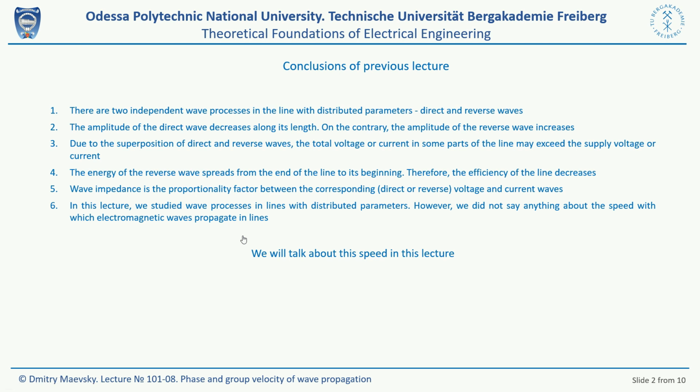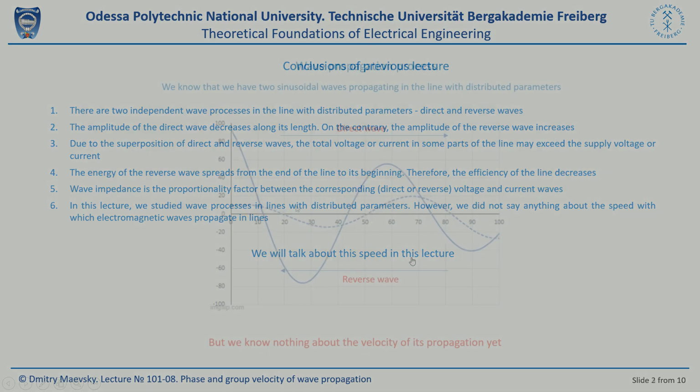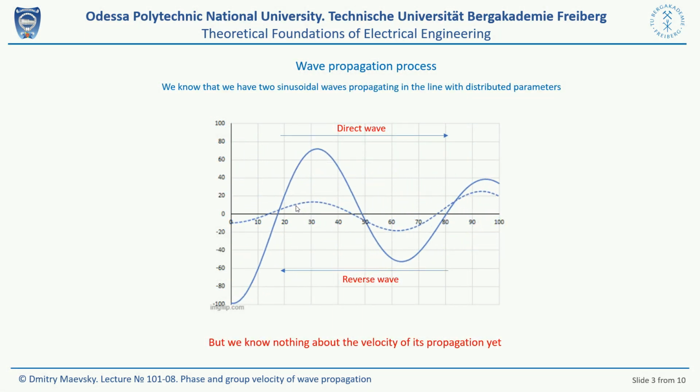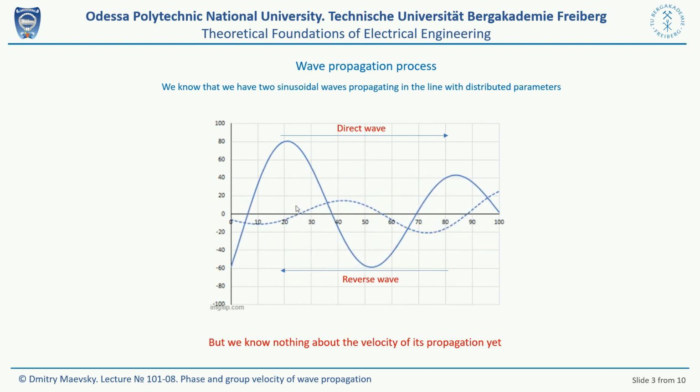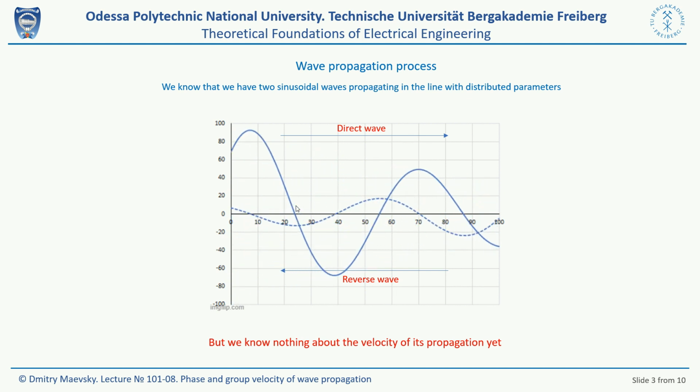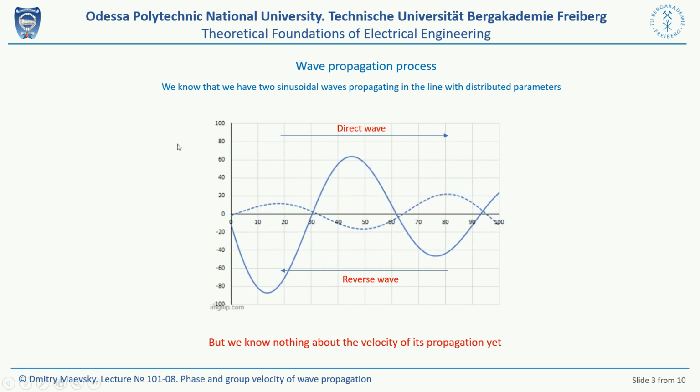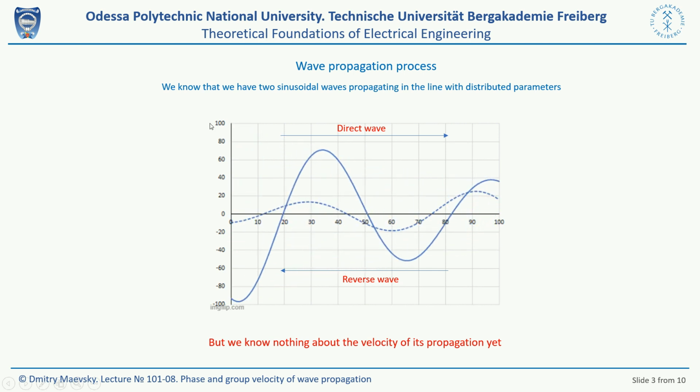This will be the subject of our lecture. As we have just said, the voltage and current at each point of the line is a superposition of the two types of waves propagating in this line.